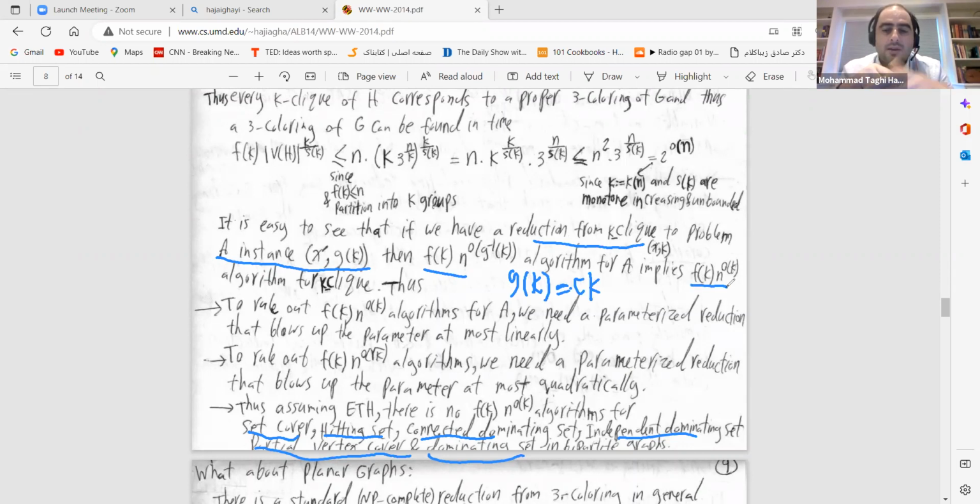There is no f of k n to the little o of k algorithm for dominating set, set cover, etc. So for lots of these natural problems, either there is a fixed parameter algorithm, meaning f of k times n to the c is possible, or otherwise the best way, assuming ETH, is to just consider all subsets of size k and see whether it is a dominating set, a set cover, an independent set, a clique, etc. However, if the blow-up in the parameter when you do the reduction from k is actually k squared, then that implies there is no f of k n to the square root of k algorithm.